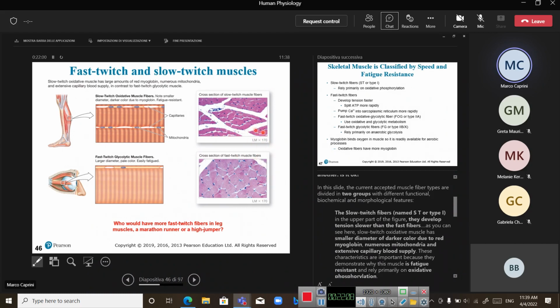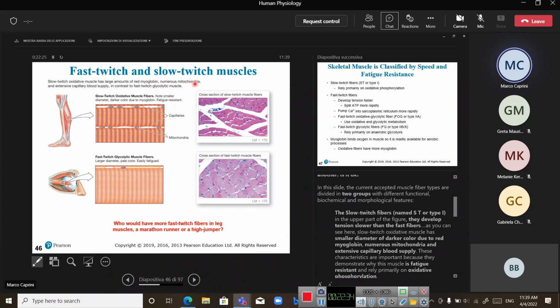Slow twitch fibers, in the upper part of the figure, develop tension lower than the fast fibers. The slow twitch oxidative muscle has a small diameter and a darker color due to the presence of myoglobin that transports oxygen.